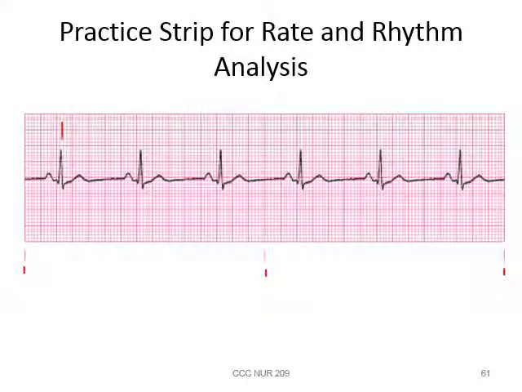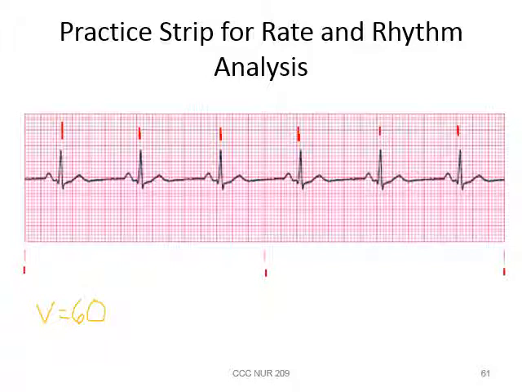So we count 1, 2, 3, 4, 5, 6. So we have a ventricular rate. So our V rate equals 60. I'm sorry, I don't know why that changed to yellow.